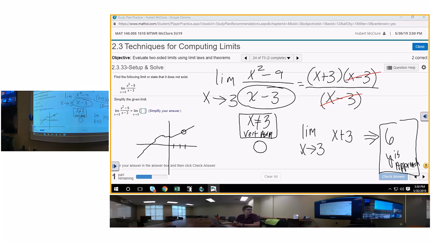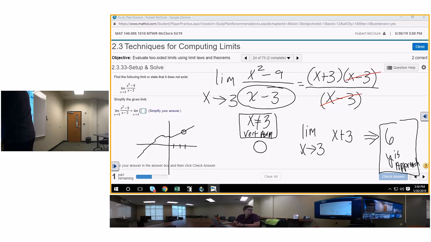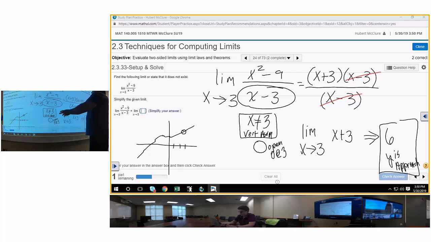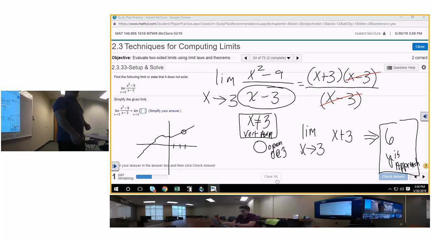But the whole point is, when you start with the initial plug in, set equal, that is an open circle at 3. And then somewhere above or below it, as you approach 3, you're going to be closing in on 6 as a y.